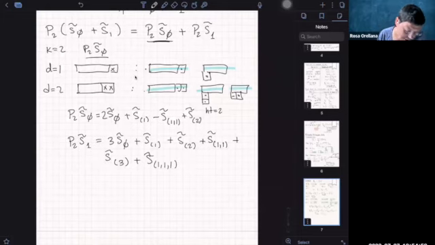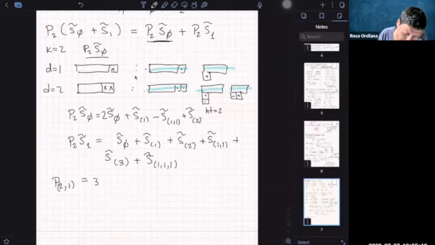And I think that's it, because when I compute P2 1, I hope I didn't make a mistake. I get, oh, sorry, I was miscopying. This is just 1.